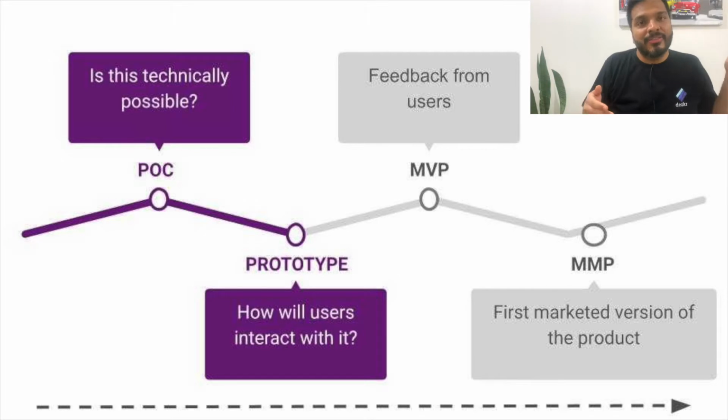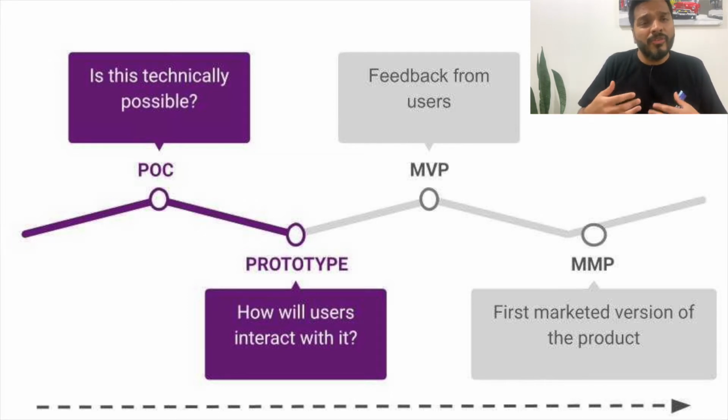In essence, if you think about it, all these are different stages in the evolution of a product. For example, POC seems like the first one where you're trying to figure out, okay, this idea, is this even technically possible with all the technology that is available right now in the world? Then comes the next stage, which is like prototyping, where you're trying to figure out, okay, we figured out that it is possible to build it technically.